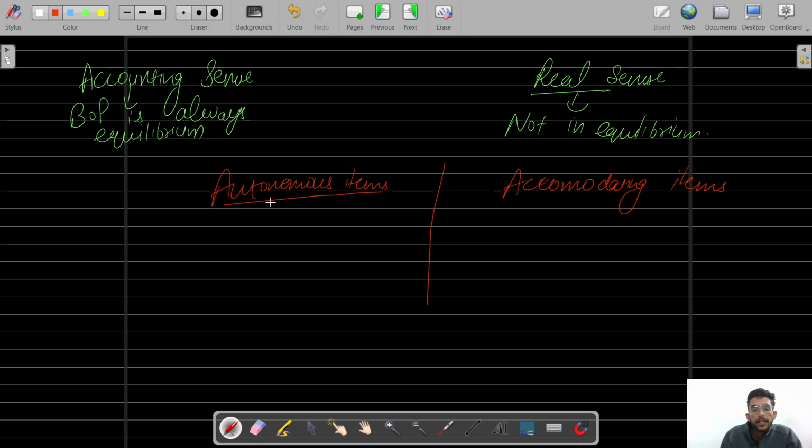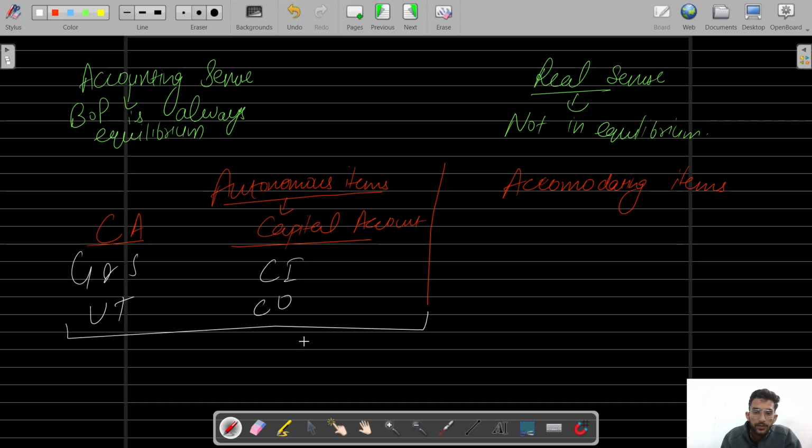In autonomous items, we take the current account and capital account items: goods and services, unilateral transfers, capital inflows, capital outflows.